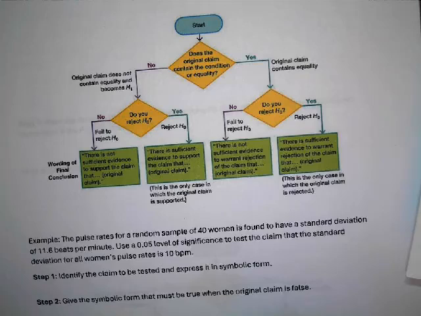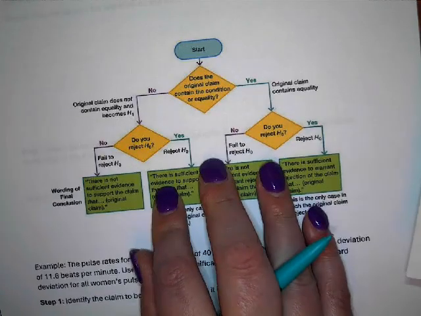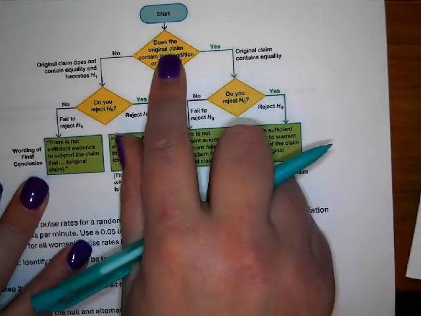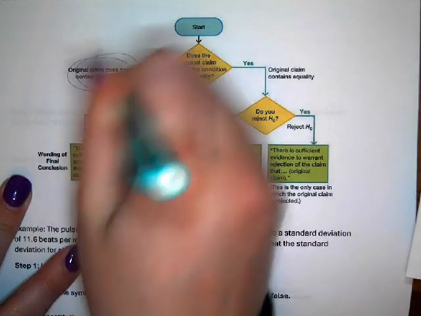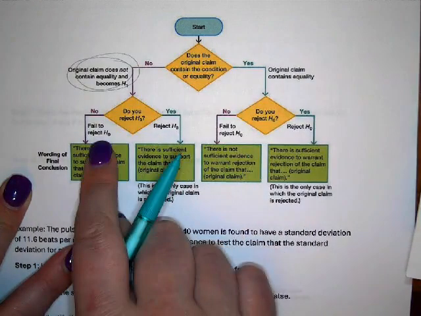Okay, so we have to restate this decision in simple and non-technical terms. And so we're going to look, did the original claim have the equal sign? The answer was no. Did we reject or fail to reject? We failed to reject.